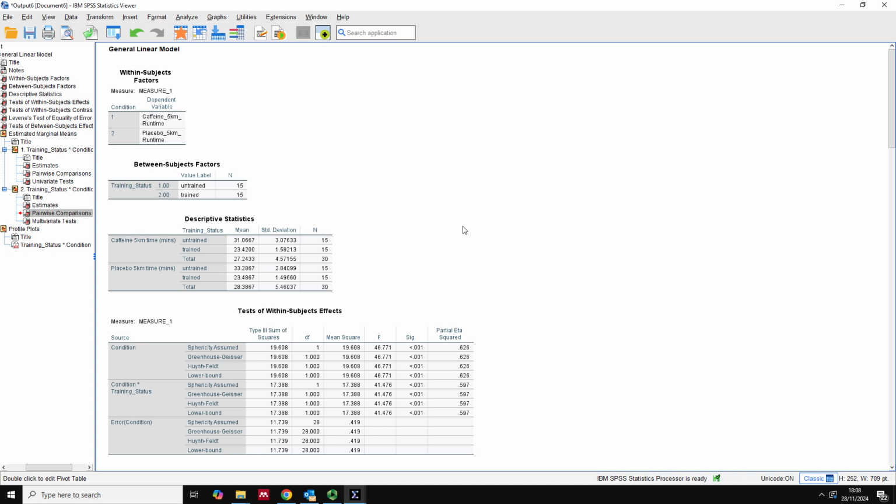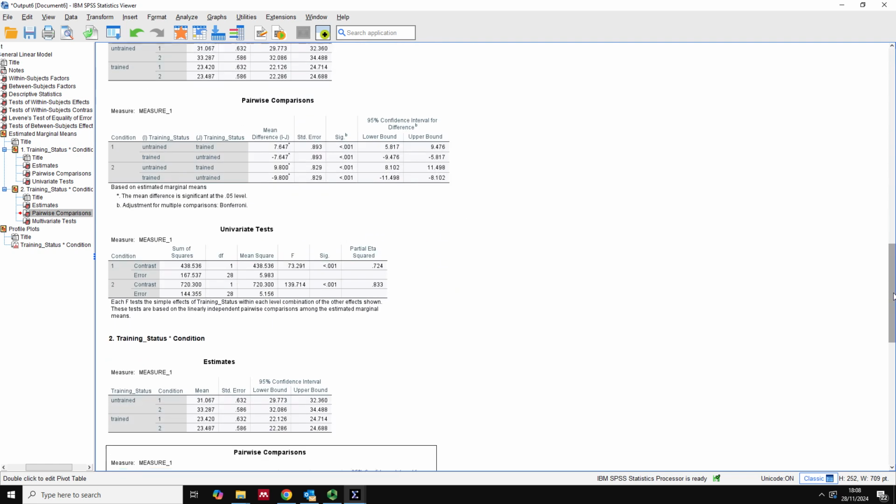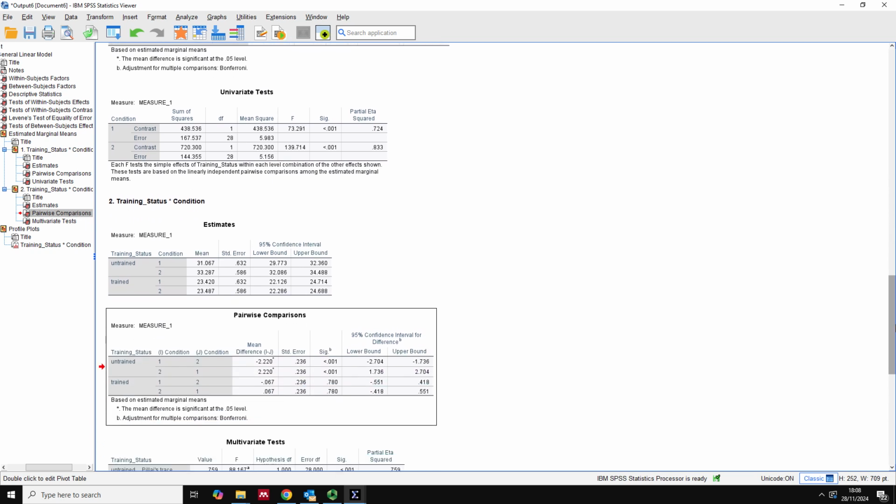So they had about a two and a bit minute improvement. Whereas in the trained group, with the placebo, it was 23.48 minutes, and with the caffeine, it was 23.4 minutes. So a very small difference that wasn't statistically significant. And that's what we'd want to report in our results.